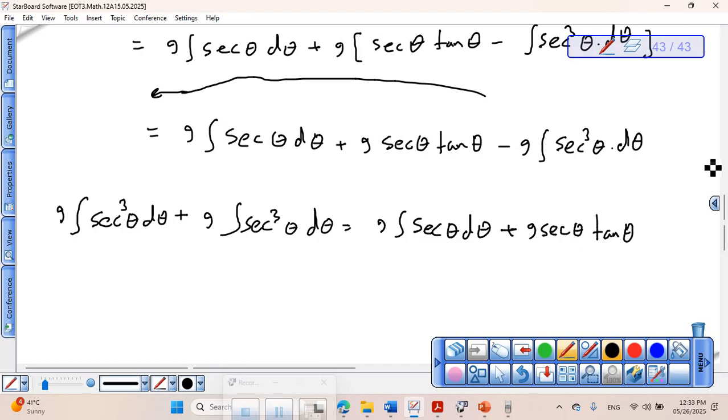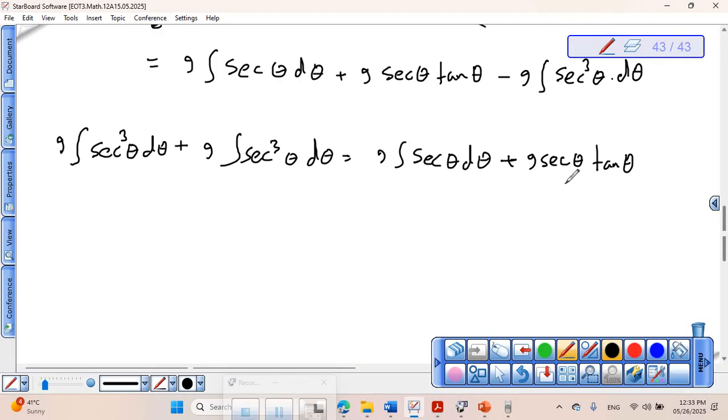It's a very difficult question. Now 9 plus 9 is 18, so this is 18 integral of sec to the power 3 theta d theta.